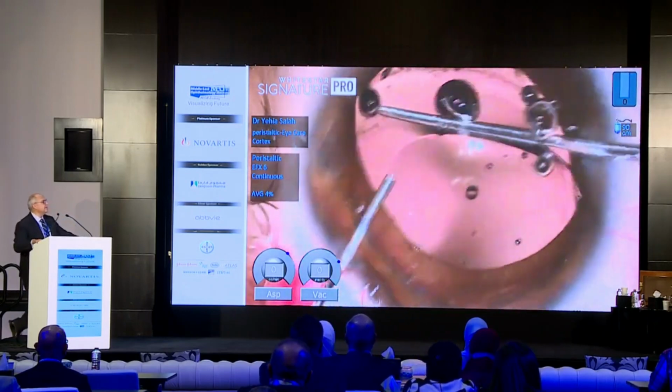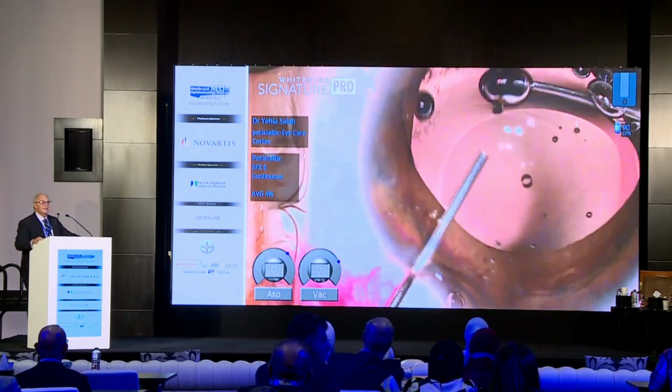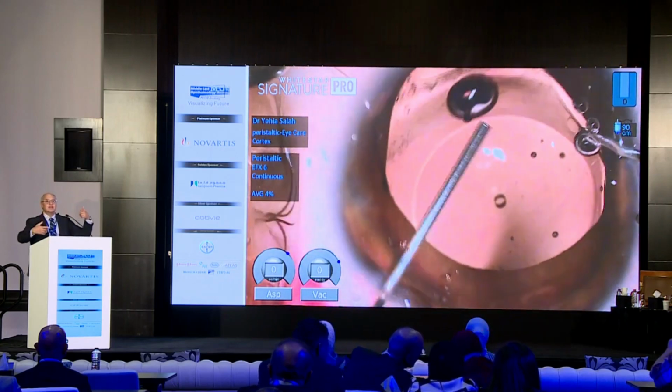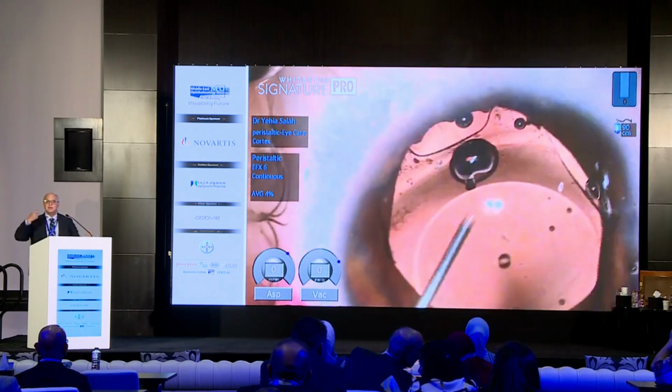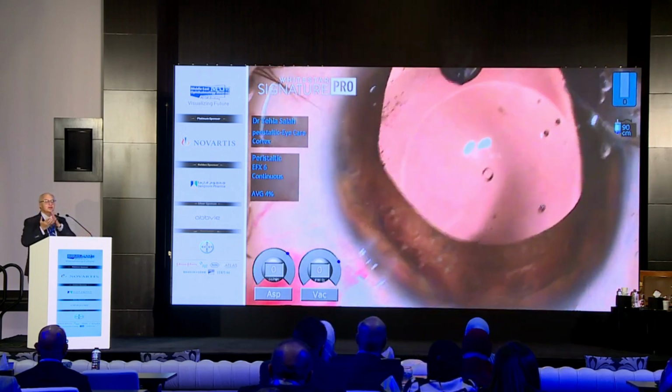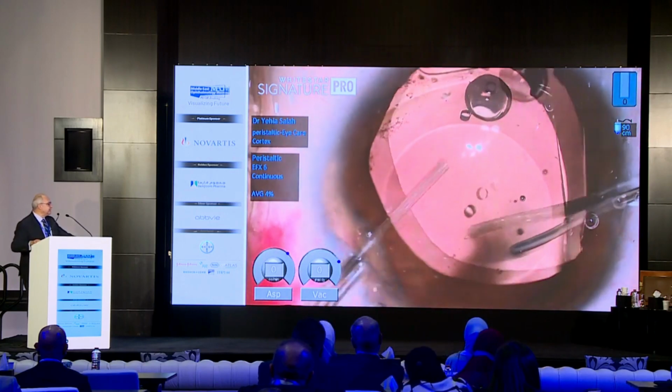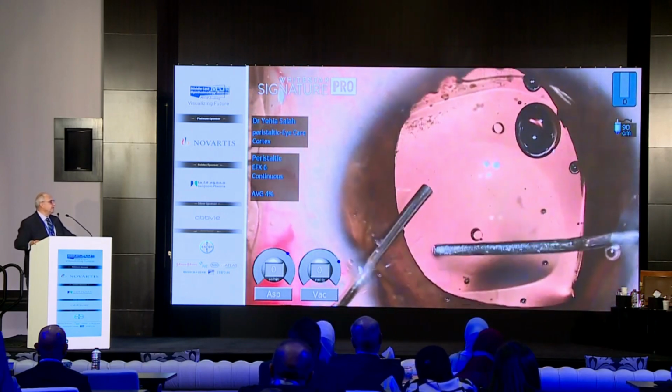So I was trying my best to flip the lens inside the eye, and all the time, because this is not a day-to-day practice, you start to think how I'm going to flip it mechanically, how I'm going to use the cannula and the iris repositor to flip it.